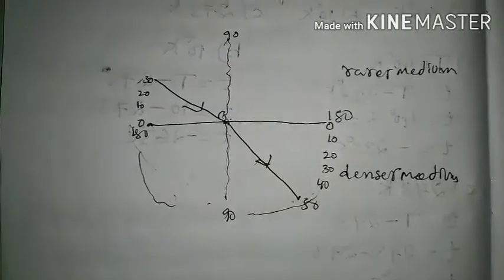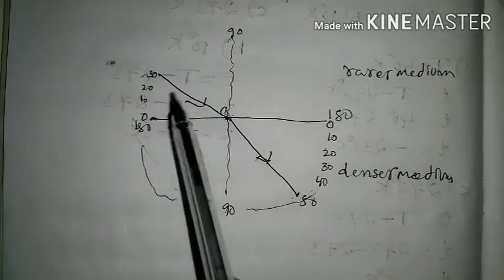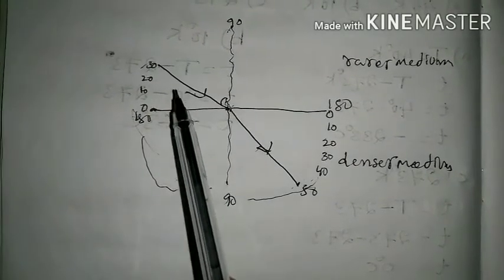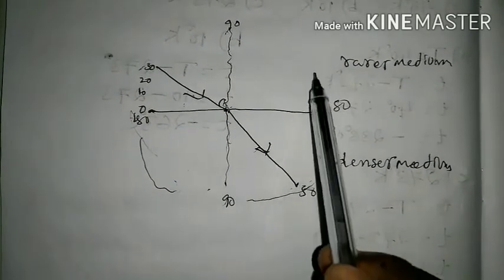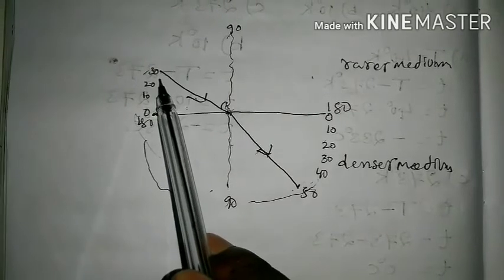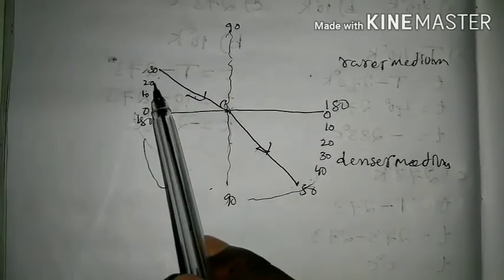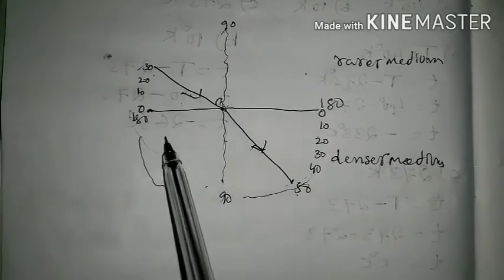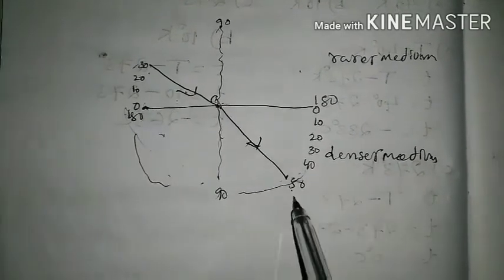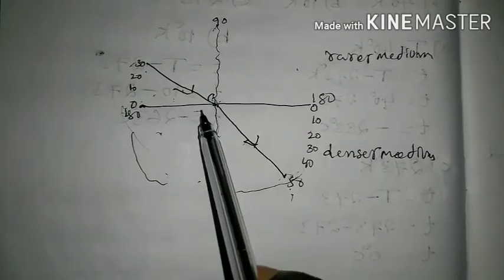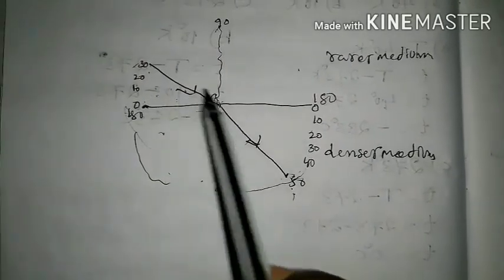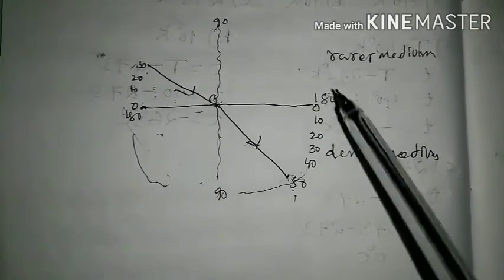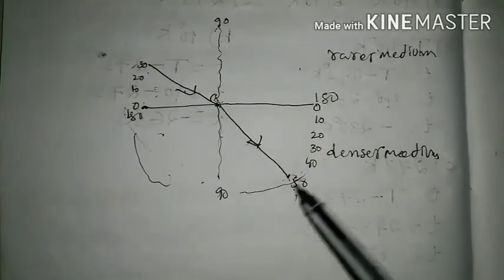What is meant by refraction? The process of changing speed when light travels from one medium to another. In one medium it is 30 degrees, and in the second medium it is 50 degrees. Observe the change. This is an example of refraction of light.